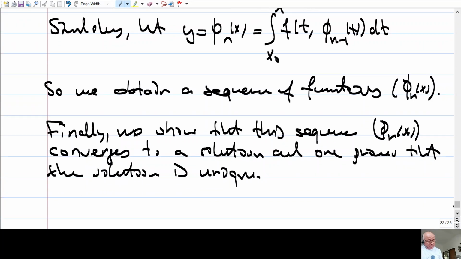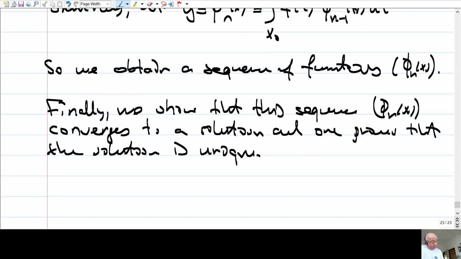Well, all these things require, of course, a lot of proofs, and it is done in that real analysis course. You have to build up this sequence. You have to show that it is convergent.